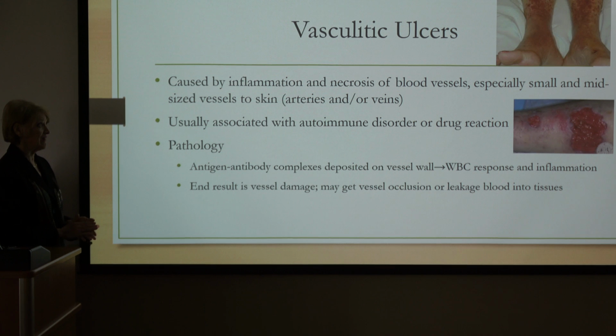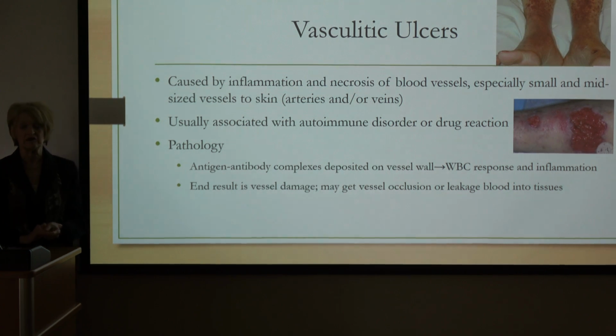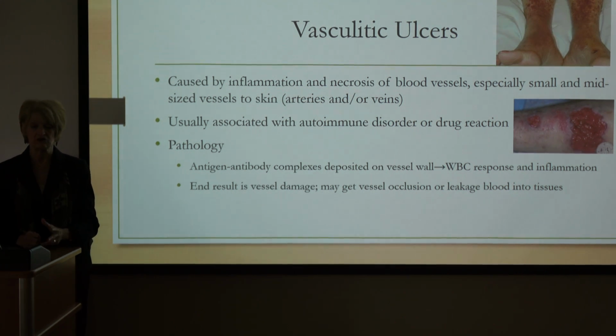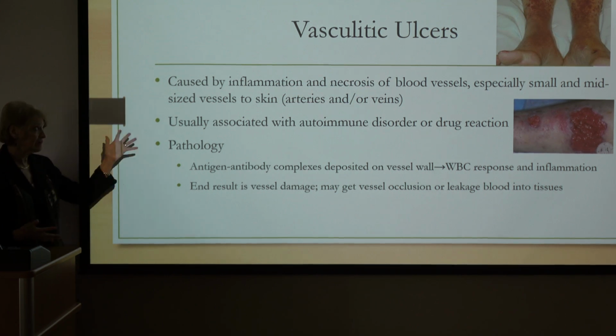Now we're going to talk about vasculitic ulcers. There's a lot of conditions that can result in vasculitis, inflammation of the blood vessels, or in vasculopathy, damage to the blood vessels. So we're going to talk about vasculitis, but just know that patients may also present with warfarin necrosis, that's a vasculopathy, or other conditions that adversely affect the health of the blood vessels.